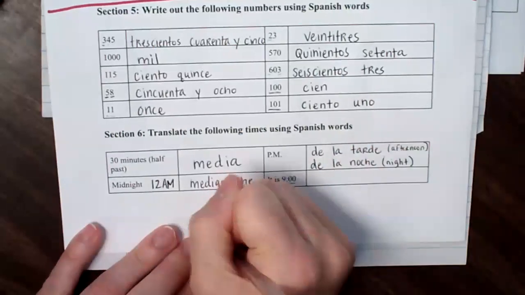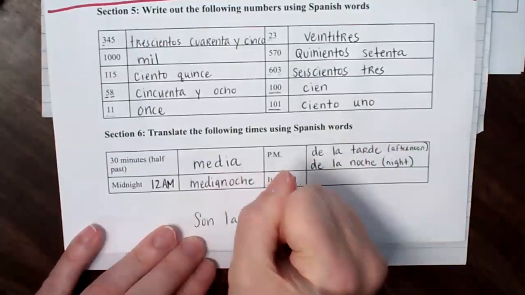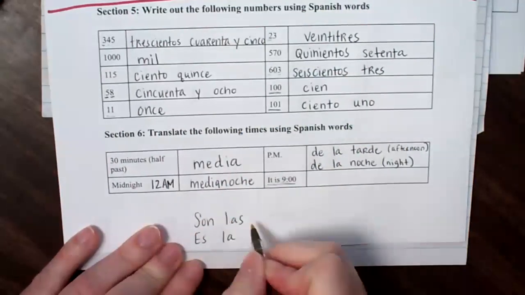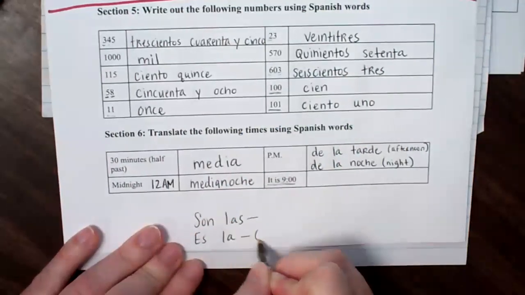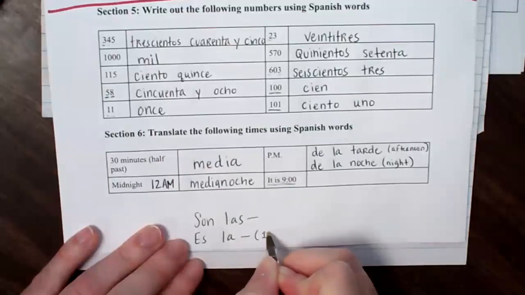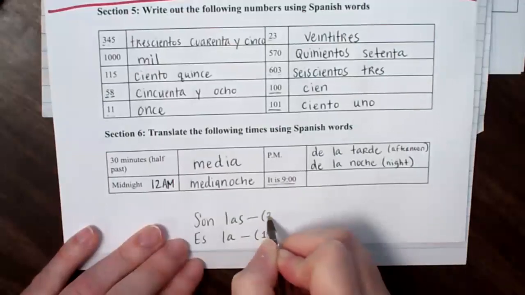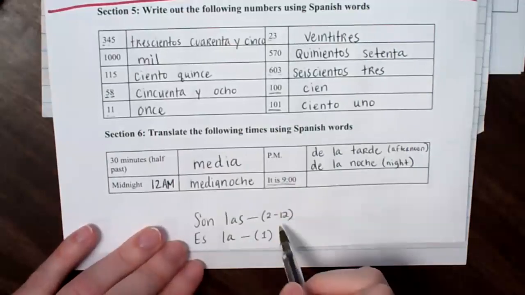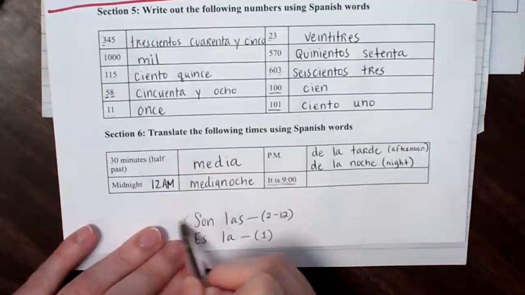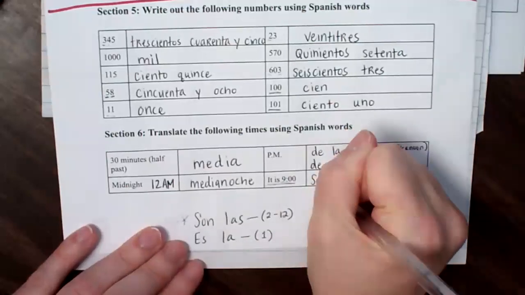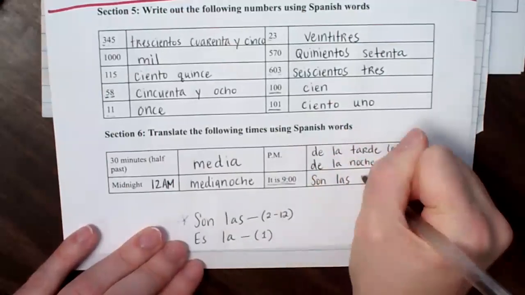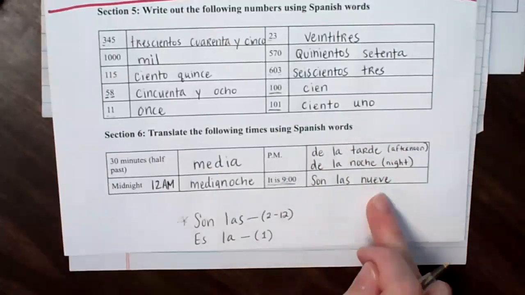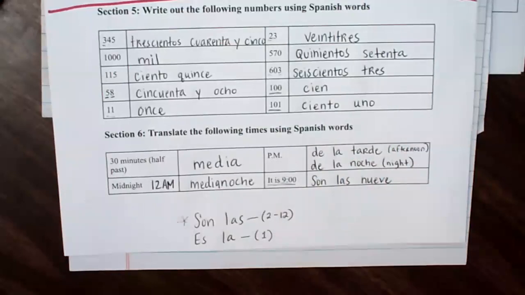When we're saying the time, we have to pick between son las and es la. Es la is used only for 1 o'clock, and son las is used 2 o'clock through 12 o'clock. So we're going to use son las and write out the word for 9. Son las 9. It's 9 o'clock.